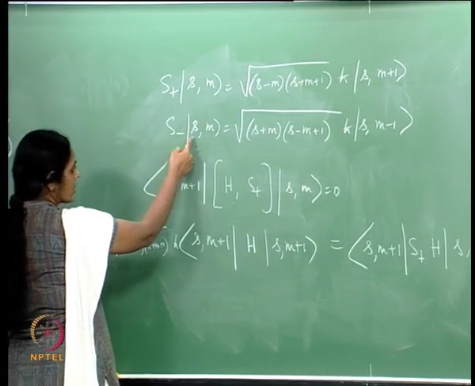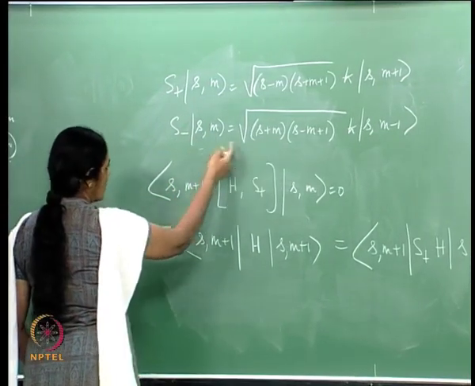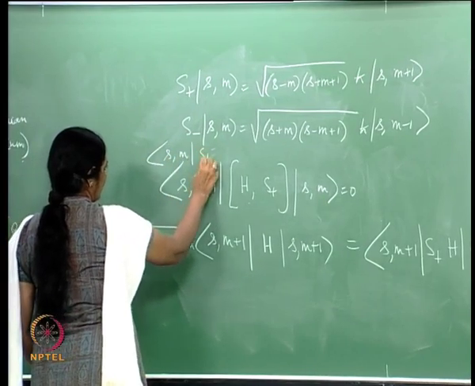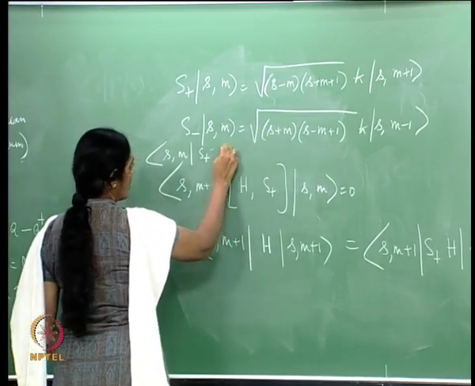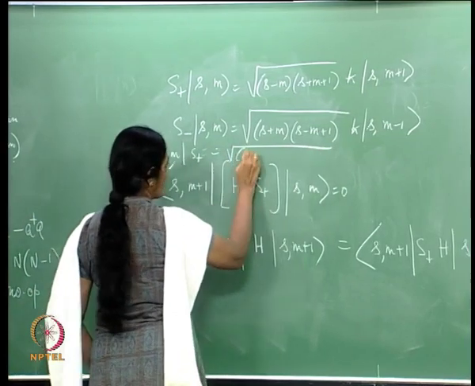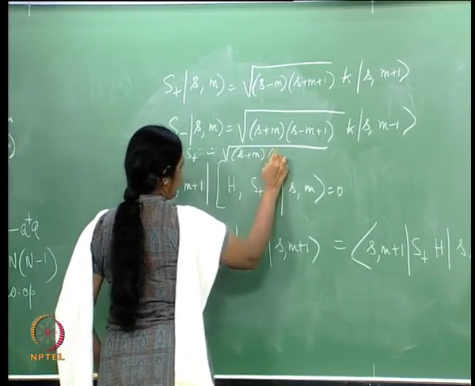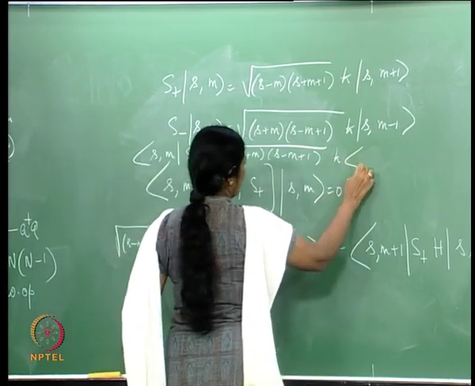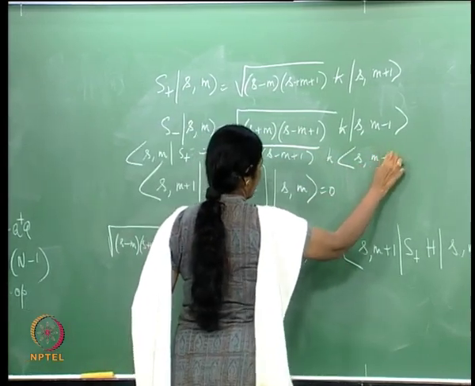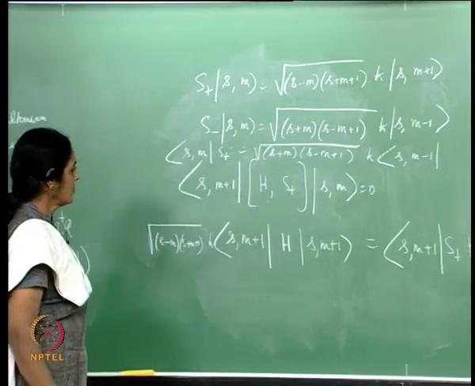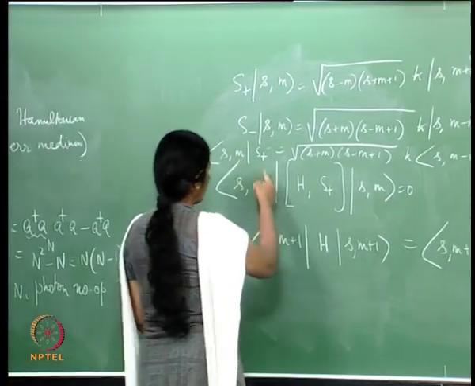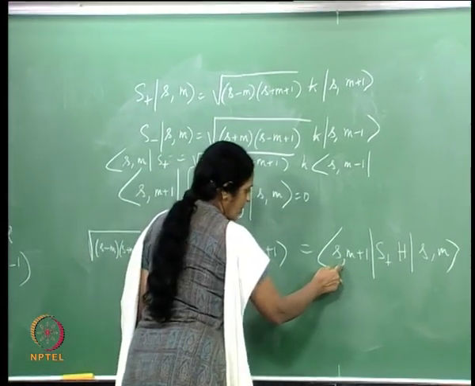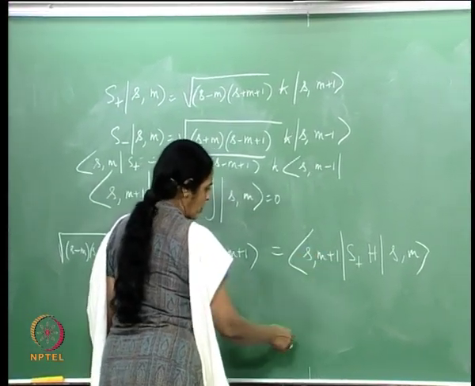But if S minus acting on |S, m> gives me this, its dagger is this, and that is a real quantity. Therefore, I have the same coefficient. So, I use that here. So, S plus with an <S, m| on this side of it, except that I have m plus 1 instead of m.